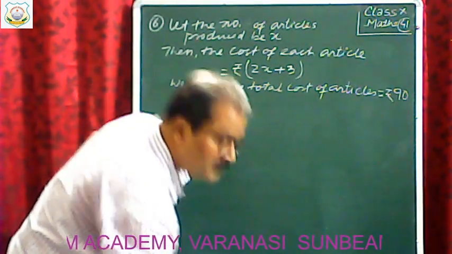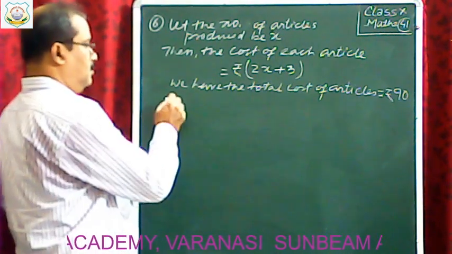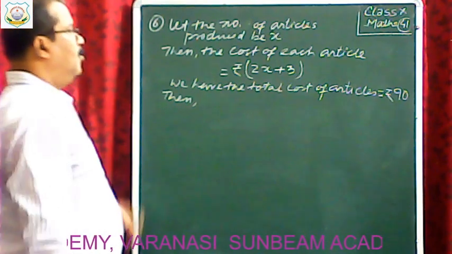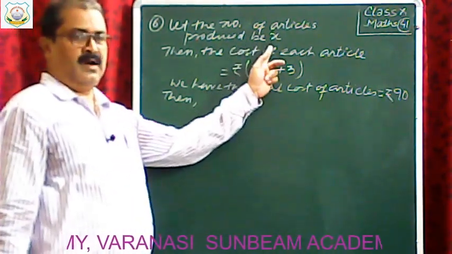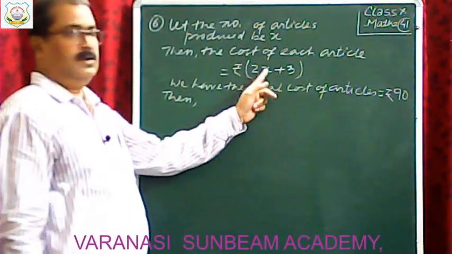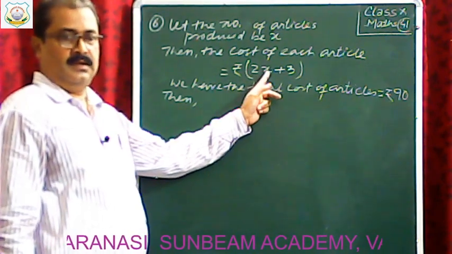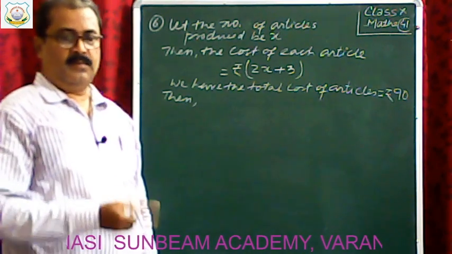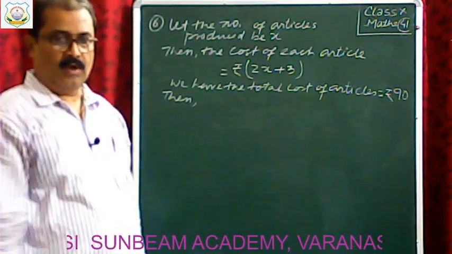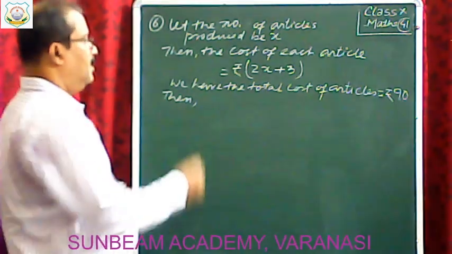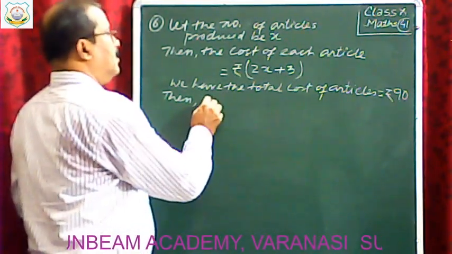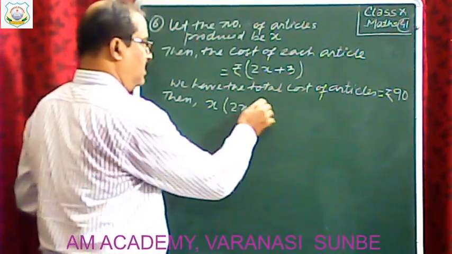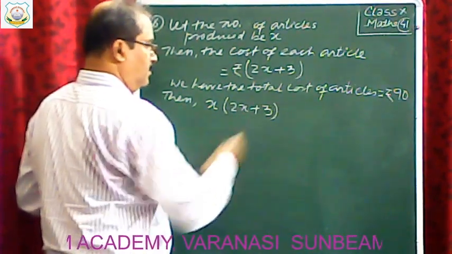Okay. So now what you have to do? We know total number of articles. We know cost of each article. If we multiply cost of each article by number of articles, then we get total cost. Means number of articles x into cost of each article 2x plus 3.